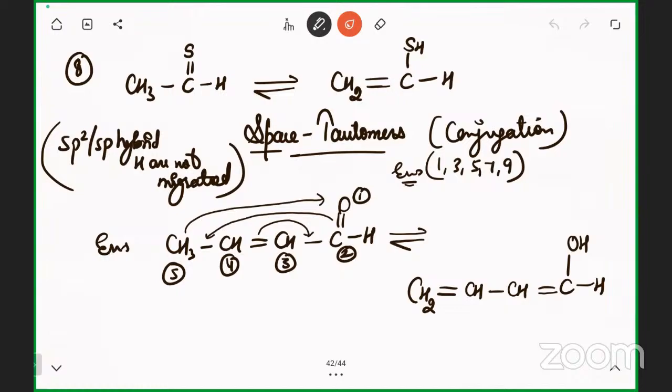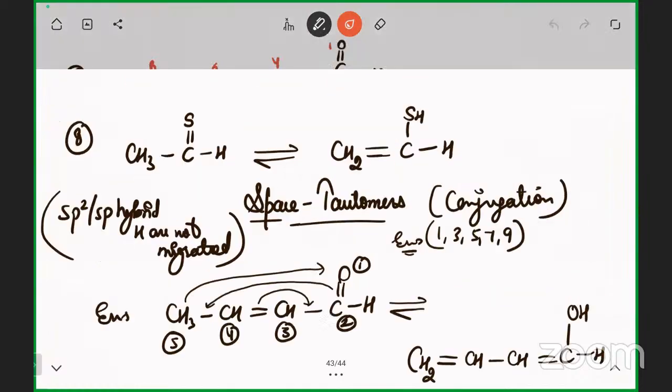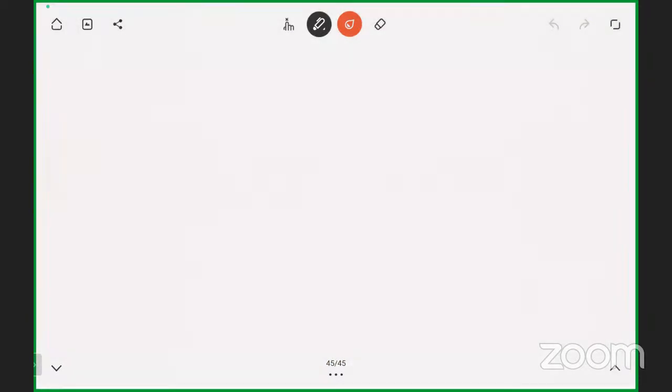You always take from the sp3 hybridized carbon. So wherever the sp3 hybridized carbon is present, you will take the hydrogen and the double bond will migrate. When there is no sp3 hybridized carbon, there will be no tautomers. This much I think you got it. If you have any doubt, you can ask me right now, or else I'll move forward to the mechanisms.